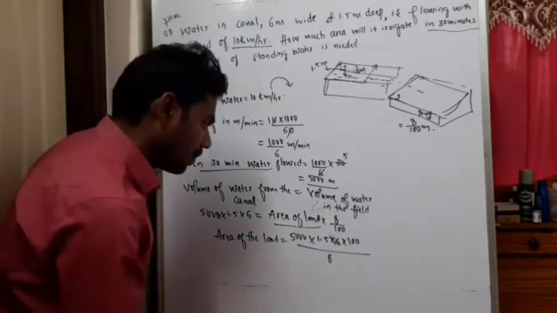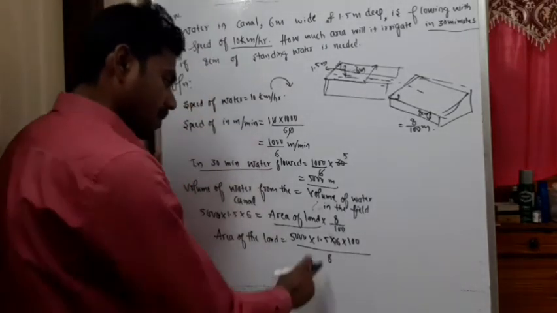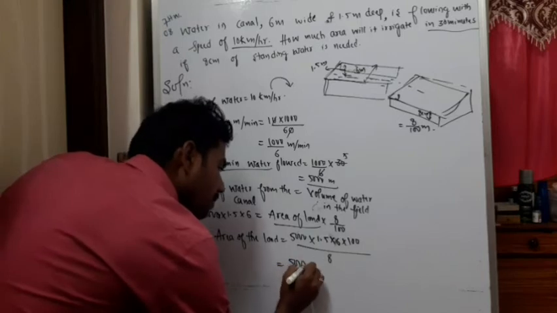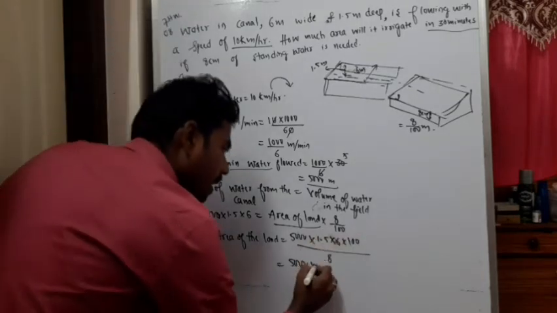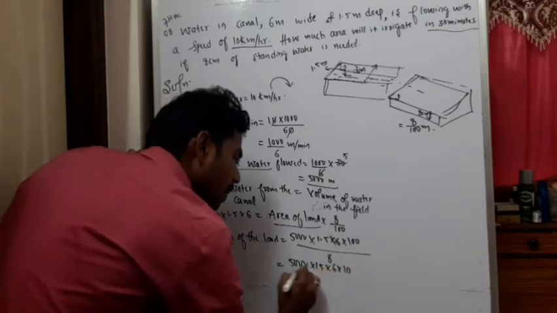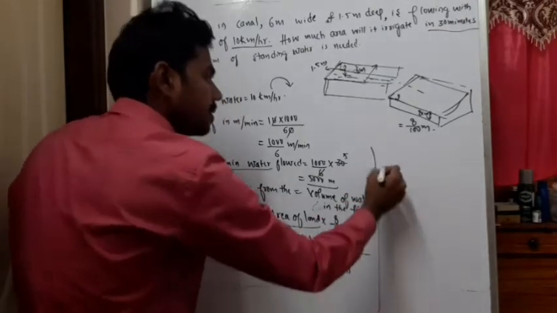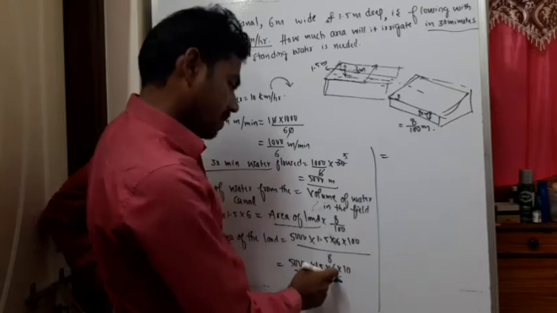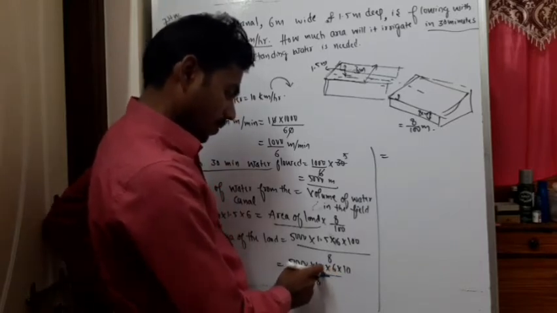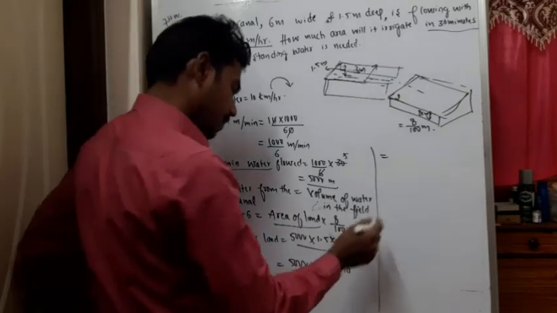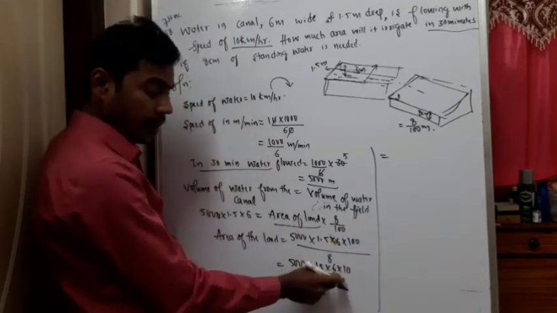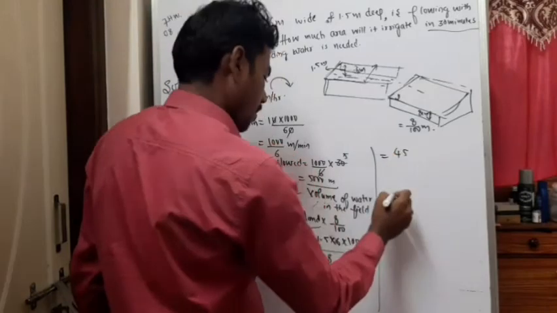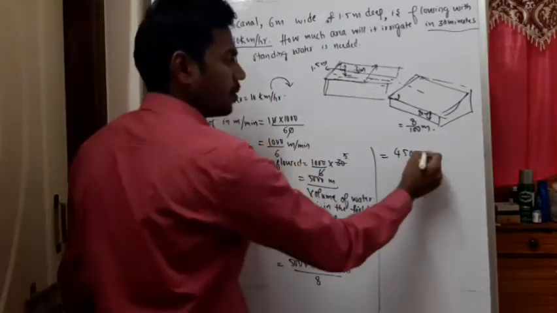Now see, if I remove one 0 from 5000, I can write it as 15 into 6 into 10 divided by 8, or else it can be written as 15 6s are 90, 90 into 10, 900, 900 into 5, 4500, followed by 3 zeros.